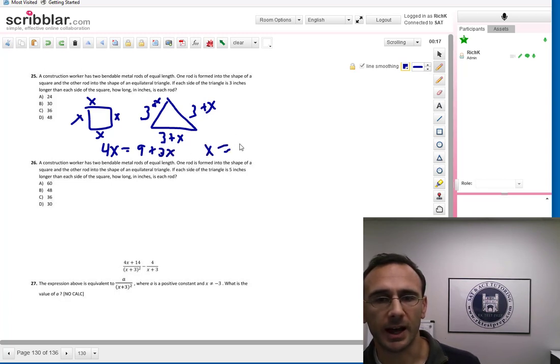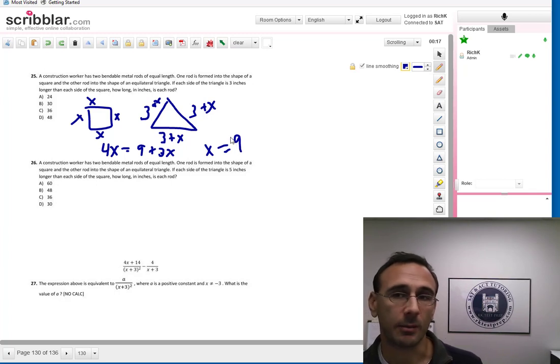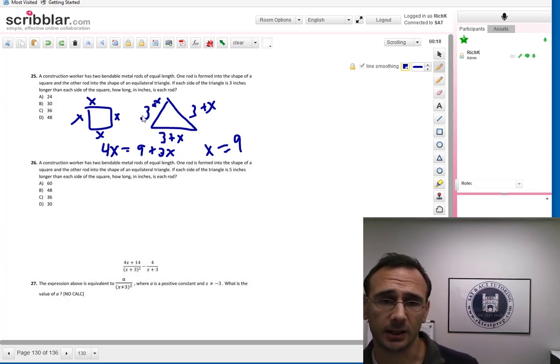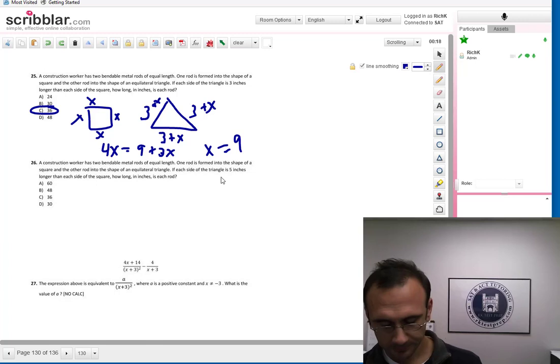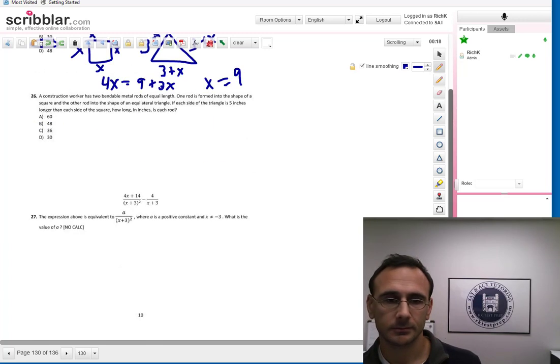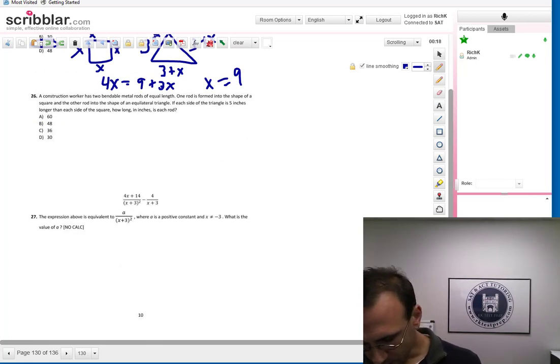So we can solve for x and get that it's 9. And then we can plug that back into either figure. So if we choose the first one here, we have 4 sides, so 9 times 4 is 36. And down there, 27.